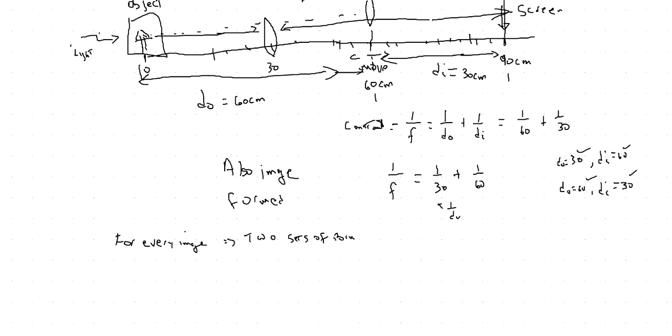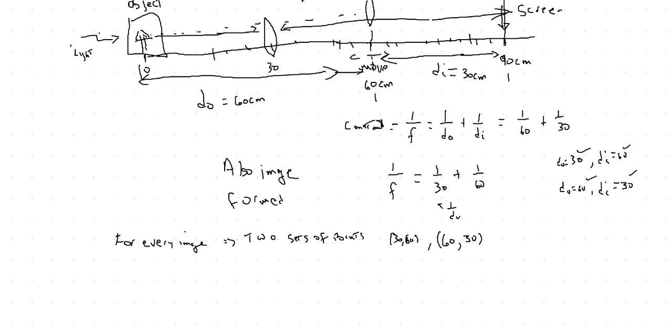In the case we just did, 30 and 60 were one set, and the other was 60 and 30. Sorry, I'm writing too small.